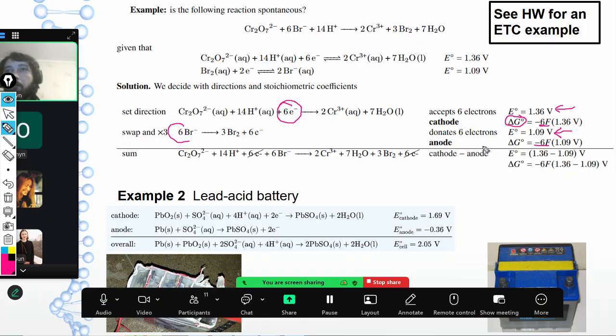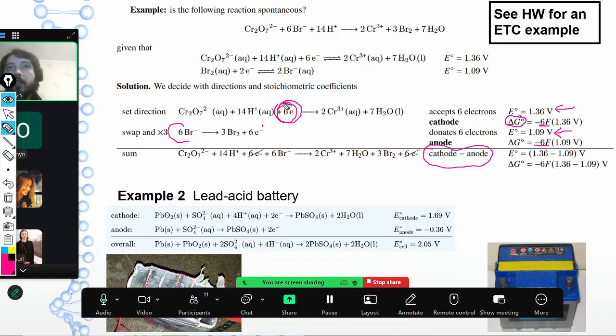What now? Now if I get cathode minus anode, so at this step I perform, let's say, understanding who rejects electrons and who gets electrons. So one reaction, this reaction rejects electrons, this reaction gets electrons. I mean the other way around.